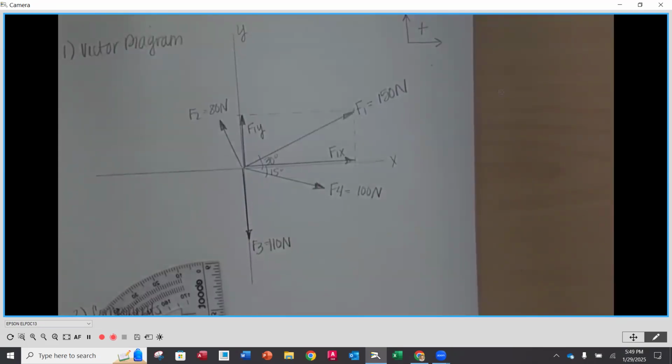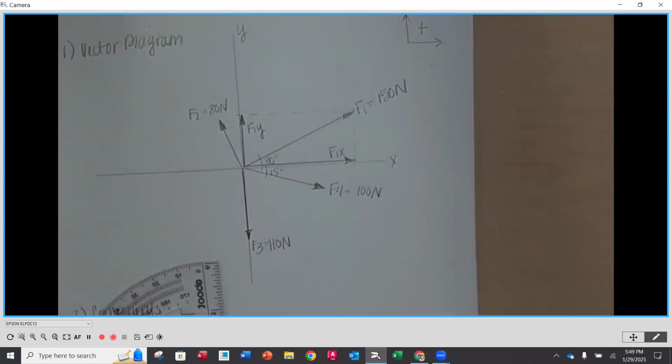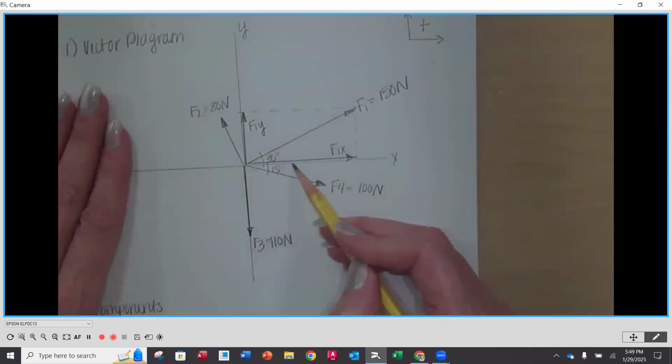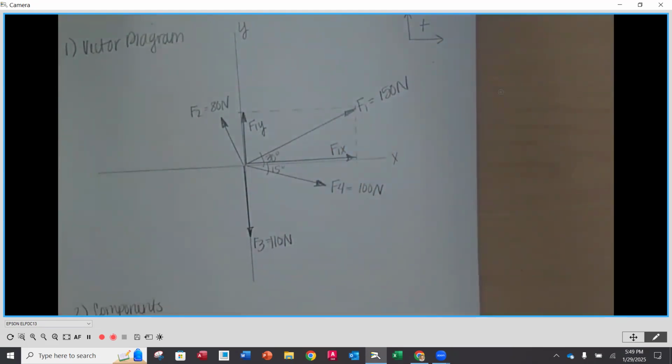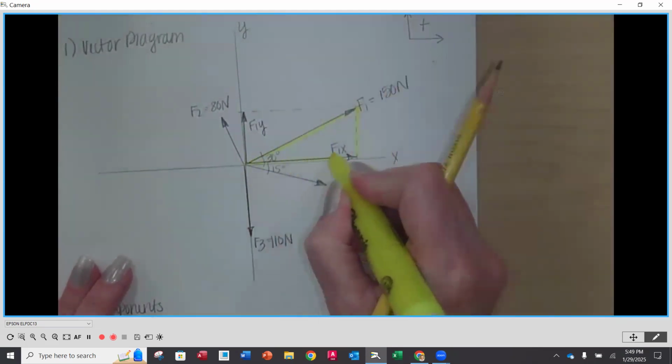Okay. All right. So I'm going to start with my F1, X, and Y. I'm going to calculate those components first, and then we'll move around. So since I've got these drawn here, I can envision a right triangle here, right? I'll just highlight it here. I've got a right triangle right here.